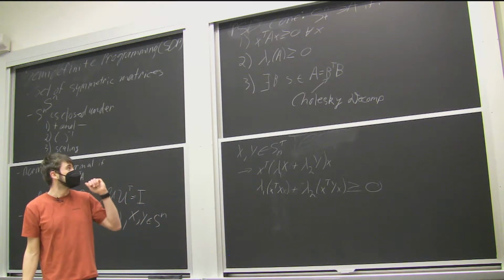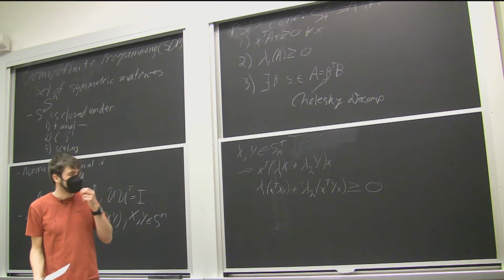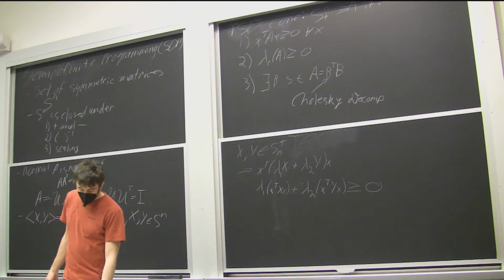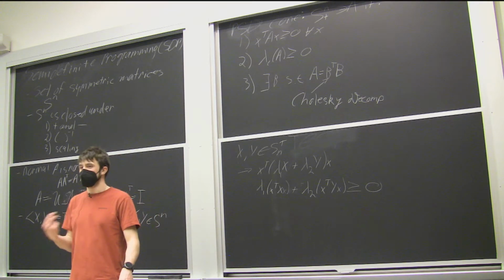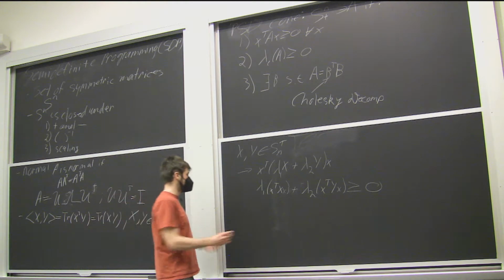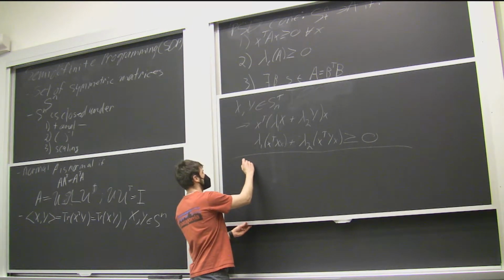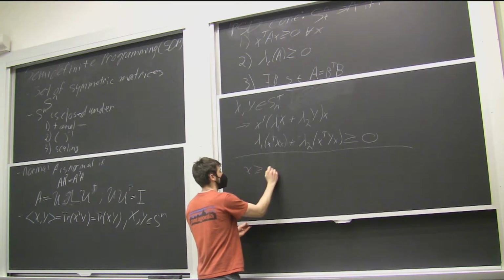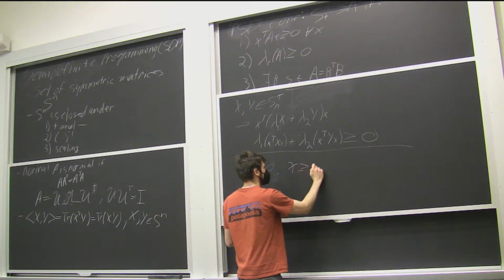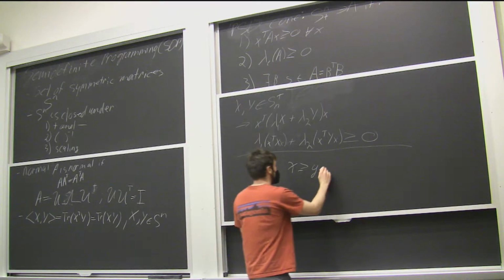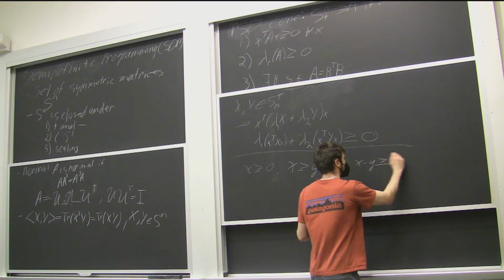This set also turns out to be closed and convex. That's not too hard to see. And the nice thing about cones is that you can use them to define orders. In the same way, if I had a vector that I know is component-wise more than 0, I can say that x is more than or equal to y component-wise if x minus y is more than or equal to 0.